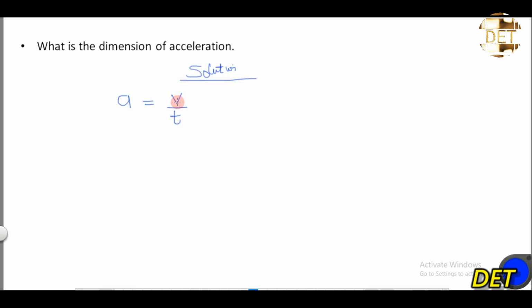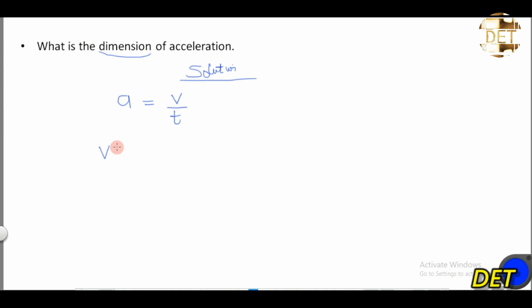So what would you want to do? You want to look for the formula of velocity. Because dimension is all about expression of physical quantities in terms of fundamental quantities, so whatever you're going to have here as your answer must be in fundamental quantities, right?